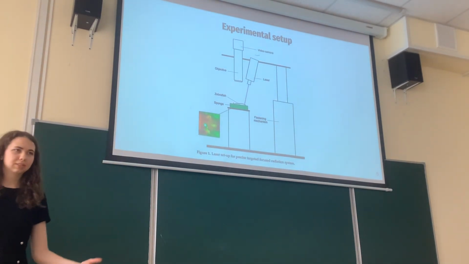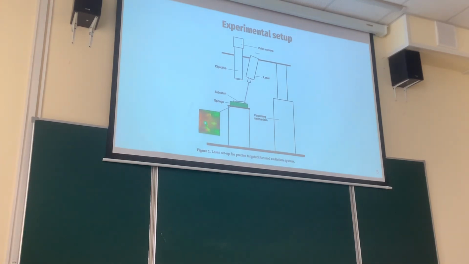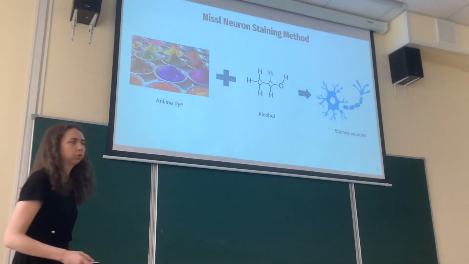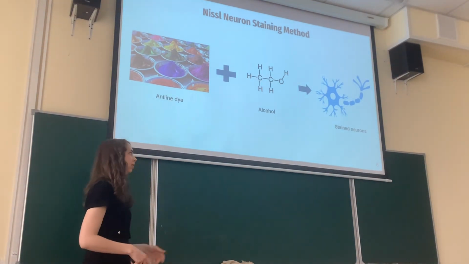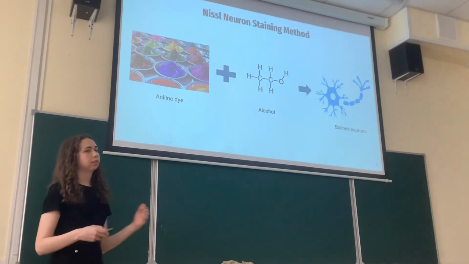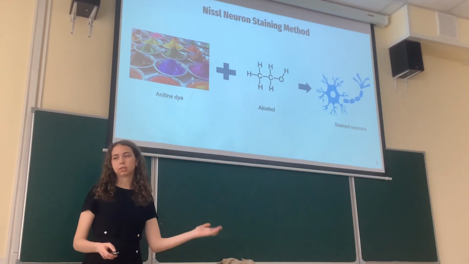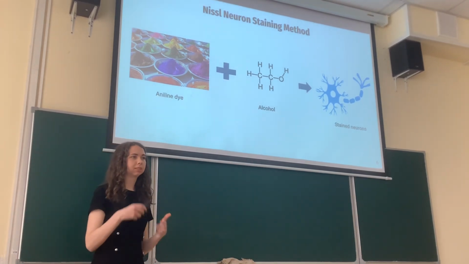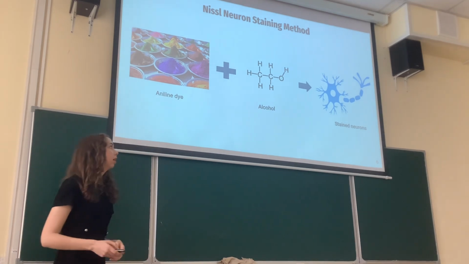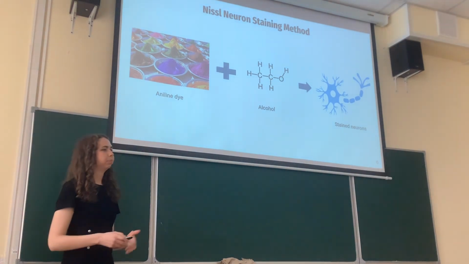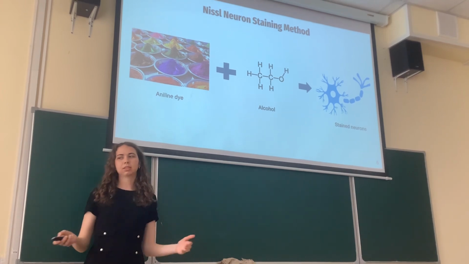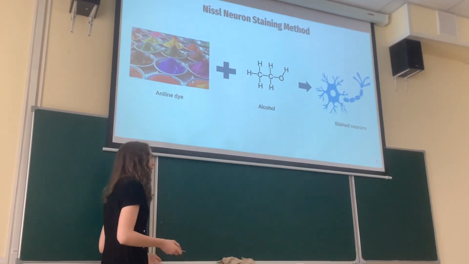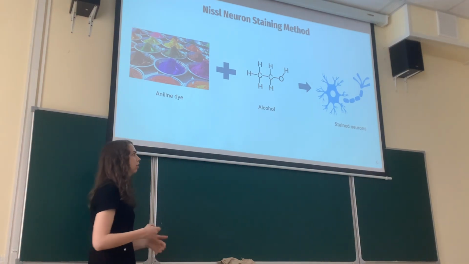To estimate the damage, we used the Nissl neuron staining method. We took the aniline dye, dyed the samples using it, and then washed the sliced brain samples using alcohol, and everything but the neurons was washed away, and we could see the stained neurons.